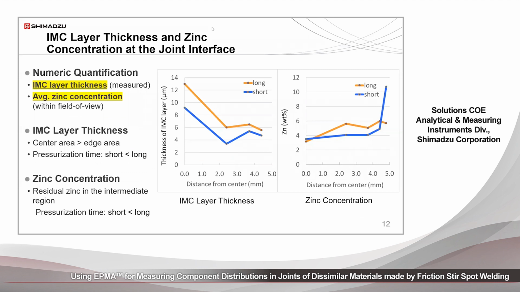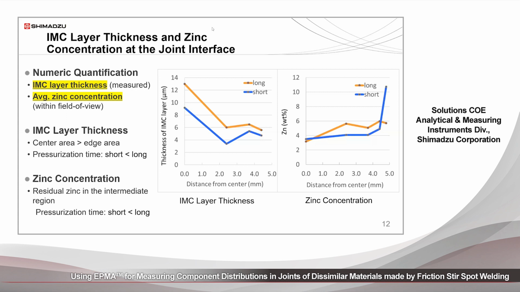From the maps, we can gauge the IMC layer thickness as well as the zinc concentration at the IMC layer, or the joint interface. For the long pressurization times, the thickness of the IMC layer is overall higher or thicker compared to the short pressurization time.